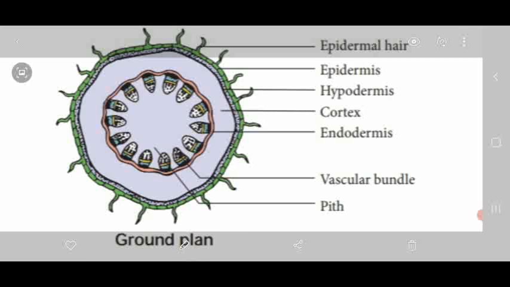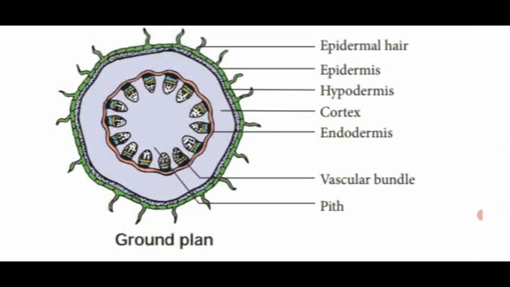Next, the middle cortex is made up of sclerenchymatous cells interrupted by chlorenchyma cells. Chlorenchyma cells contain chlorophyll pigment. That is called middle cortex. The inner cortex is made up of parenchymatous cells, which are storage in function.